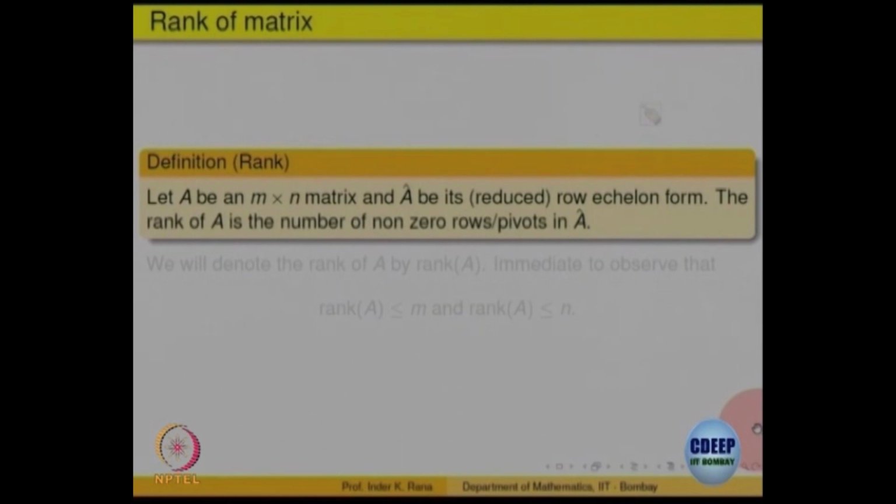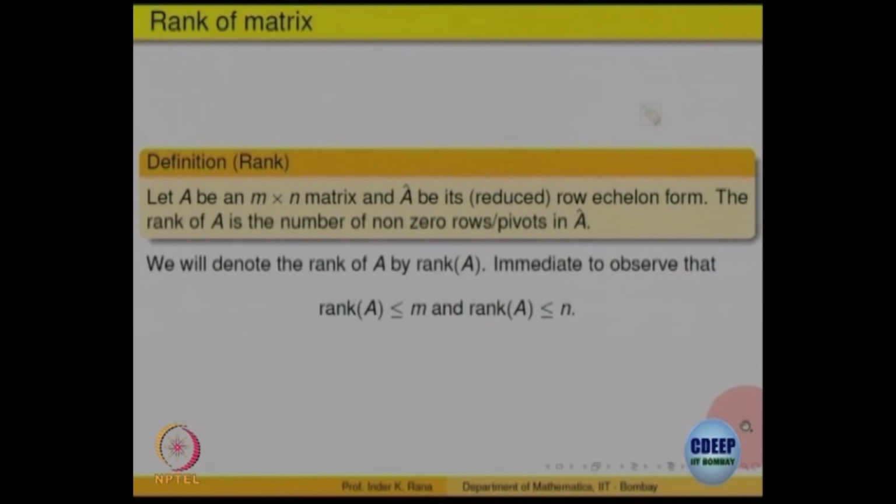So, the rank is defined to be the number of non-zero rows in the row echelon form or reduced row echelon form. So, clearly the number of non-zero rows is always less than or equal to m and n, the minimum of the two. So, the rank is always less than or equal to the minimum of the number of rows and number of columns.